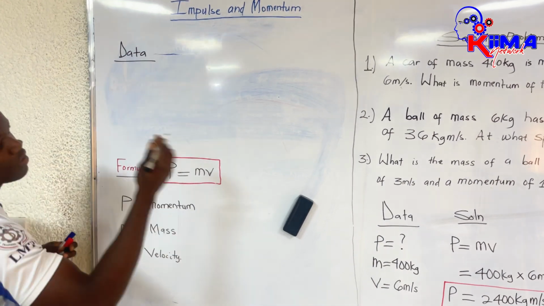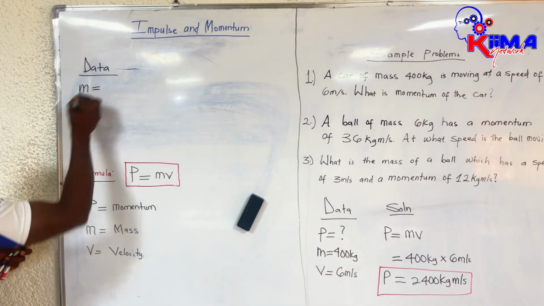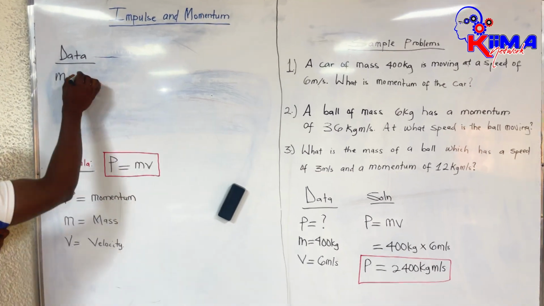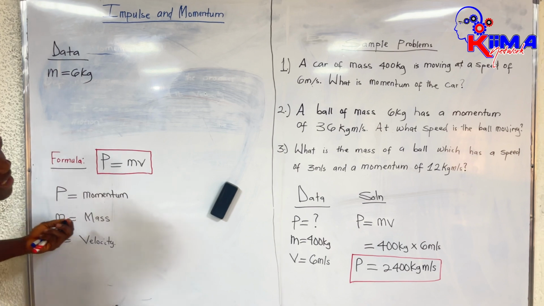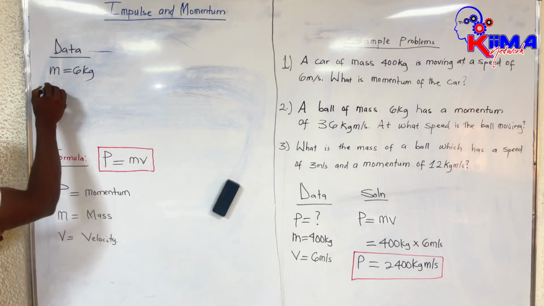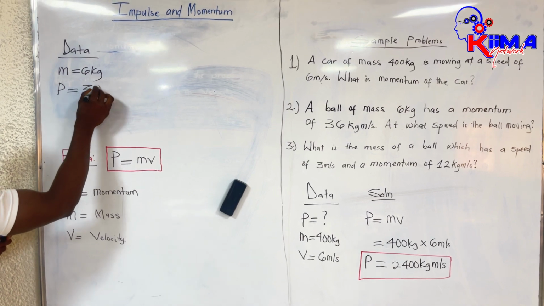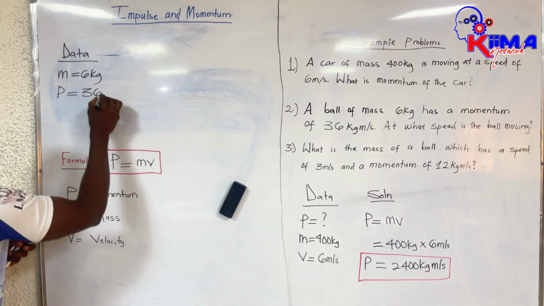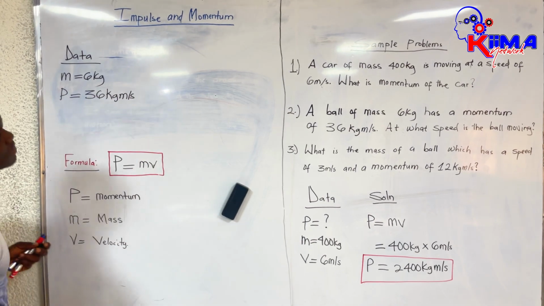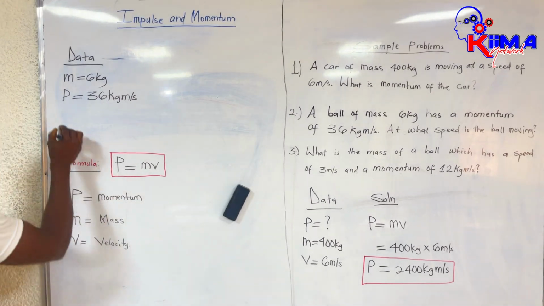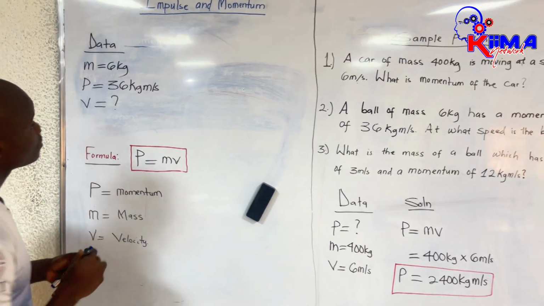The mass equals 6 kg, and the momentum is given to us here. So our momentum P equals 36 kg meter per second. And we are asked to find the velocity. V equals question mark.